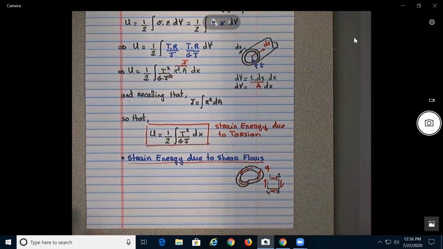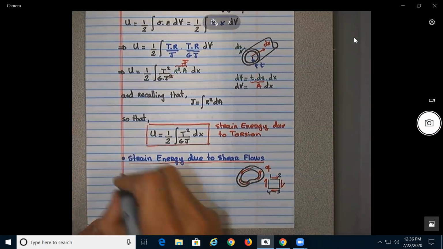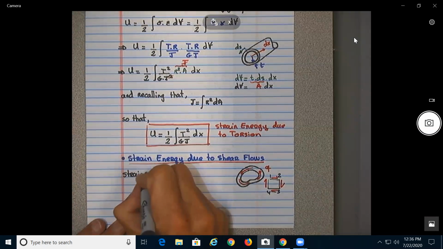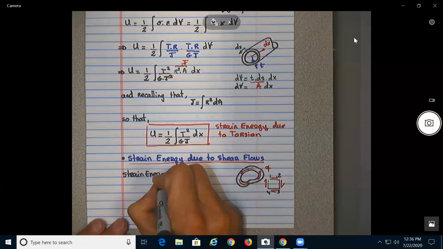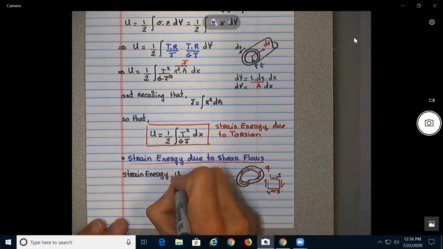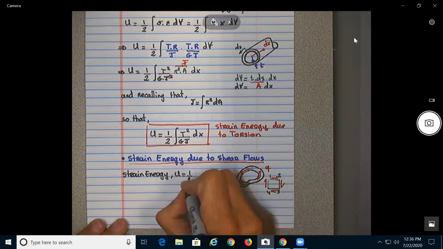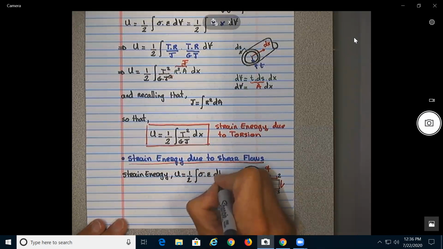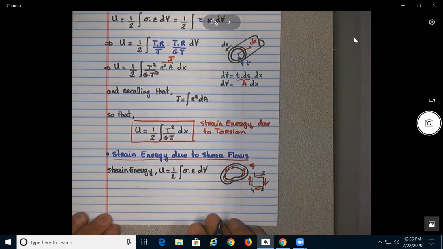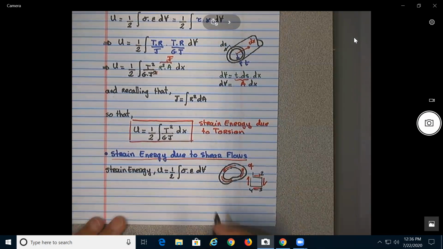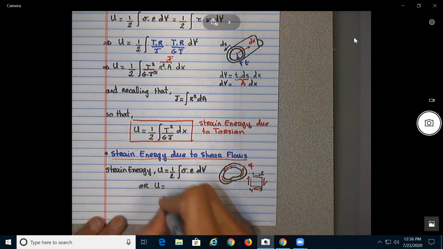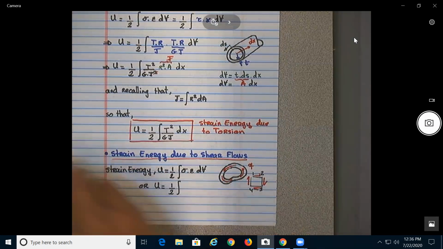Okay, so here I'm going to go a bit faster. So we know that the strain energy, the general equation, U is equal to 1/2 stress times strain times dV. But for shear, on the previous case, we just rewrote this one as being equal to 1/2 integral of what?